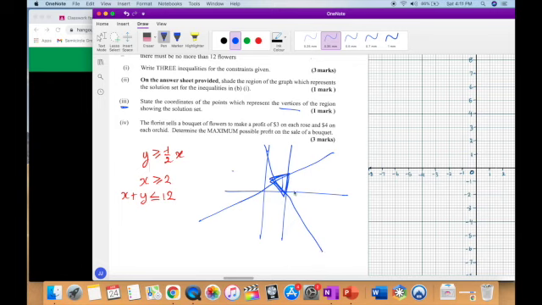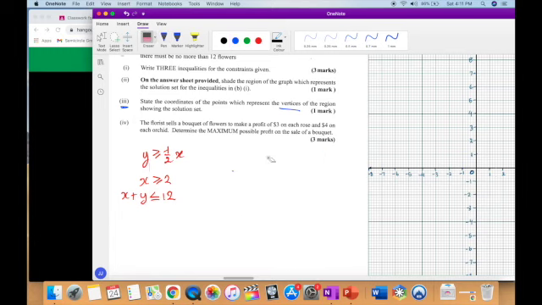So I want you guys to tell me what are the points of the region of the triangle that you get. So I'll give you 5 minutes, right? You have to draw these 3 and shade the region that satisfies the inequalities, and then tell me what are the points of the vertices of that region.